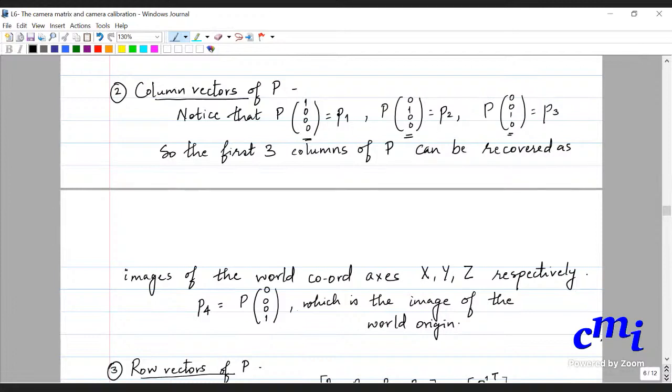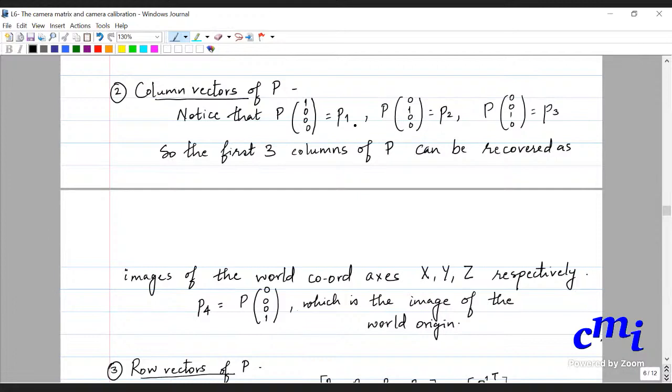These points are exactly the axis directions in the world coordinates: the X-axis, Y-axis, and Z-axis of the world coordinate system. If you apply P to the x-axis, you get the first column of P. If you apply P to the y-axis, you get the second column, and so on.